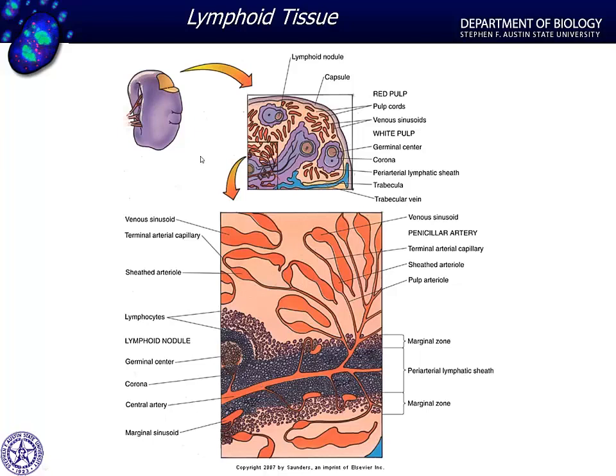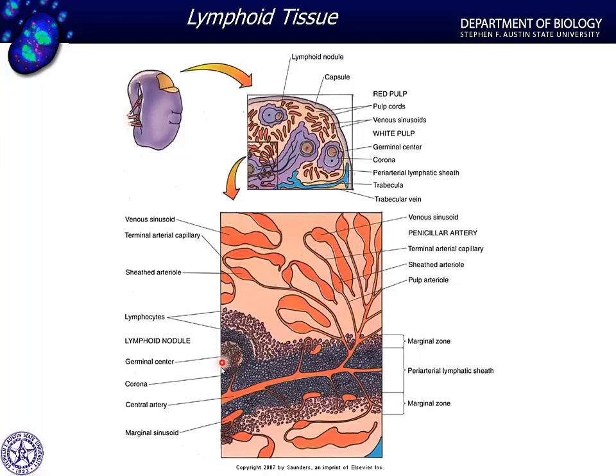So here we see our illustration. We have our arteries and veins entering at the hilum, and we have a trabeculae that's coming in. We lose the trabeculae, but here we have the central artery, and you see how they're illustrating it covered by all of these tightly compacted cells. This is our white pulp that we see in this region. Now, this is going to be a secondary lymph nodule.